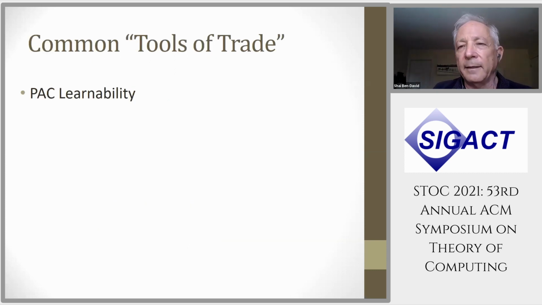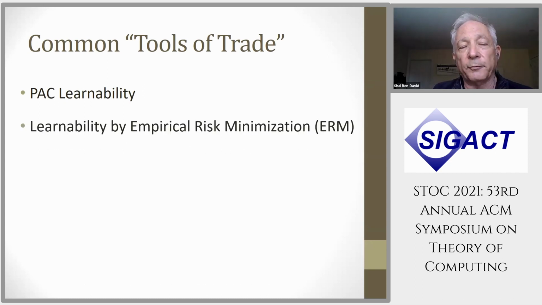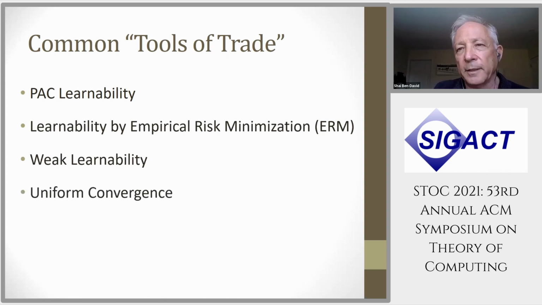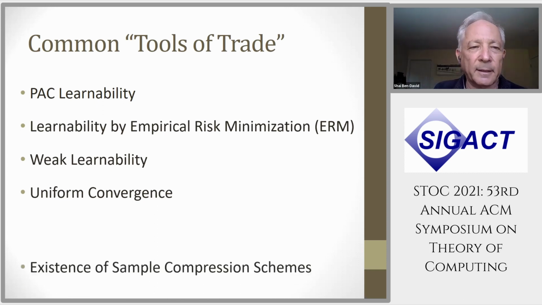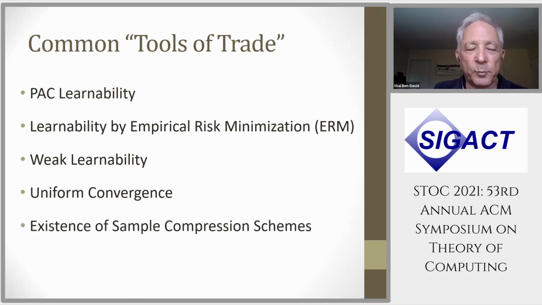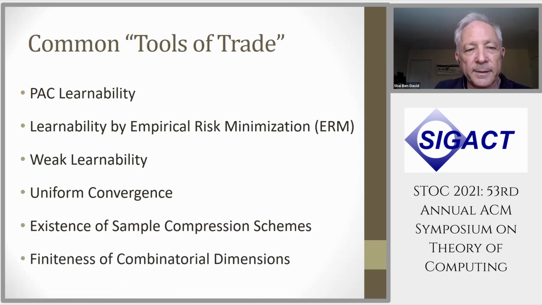Now, how do we handle learnability in general? PAC learnability was introduced in the context of binary classification, and it was shown that you can always do it by empirical risk minimization if you just care about sample complexity. There is weak learnability, which is equivalent to PAC learnability. Uniform convergence, as I mentioned, is a purely statistical notion, and there is the existence of sample compression schemes, and finiteness of the VC dimension. All those are tools that were introduced to understand statistical learning theory.